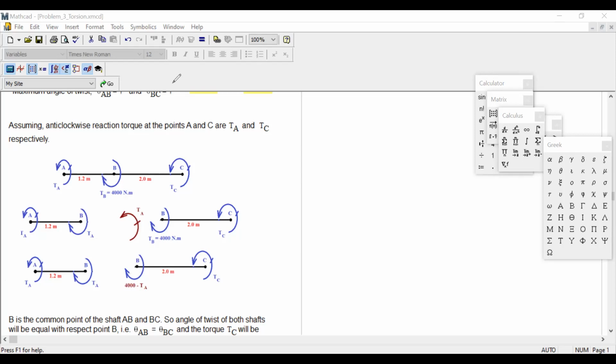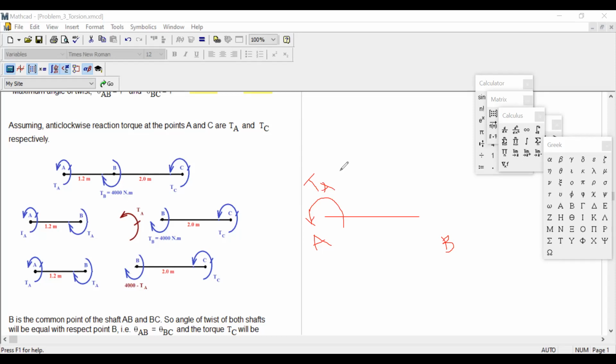So I will try to take the shaft AB. So this is my shaft AB. This is A, this is B, right? And at point A, I put anti-clockwise torque TA right over here.